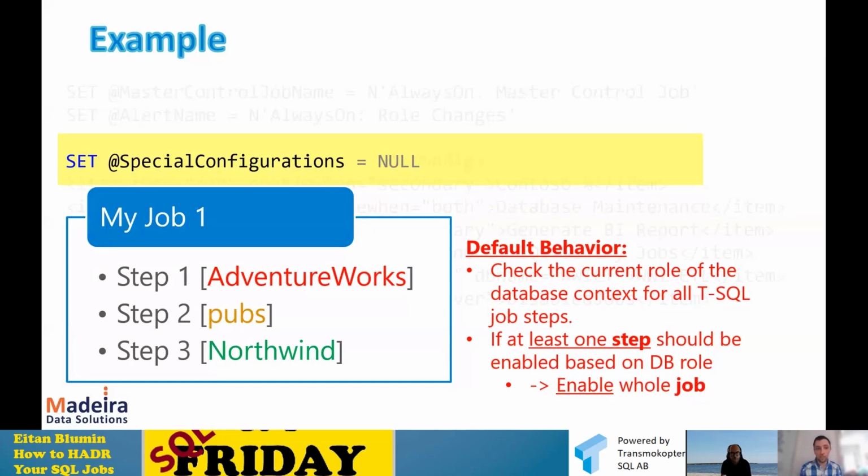I could think of possible edge cases where one single job has different steps, where each step has a different database context, and each database belongs to, let's say, a different availability group. Then one database might be primary, the other might be secondary, and we would have this sort of mess.